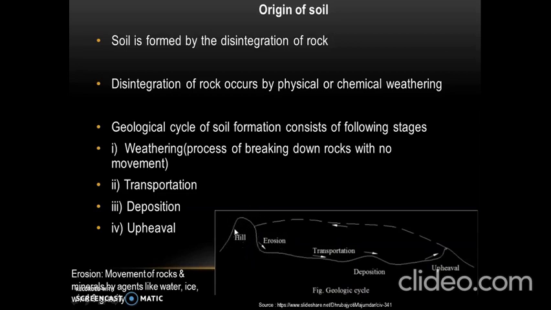That is nothing but either physical or chemical weathering, and then there will be erosion, and the weathered rock gets transported by the transporting agents, which can be either water, wind, ice, etc. And that transported material gets deposited over a place, and over the period of years there will be formation of upheaval, that is nothing but hill. And this cycle continues, which is referred to as geologic cycle.